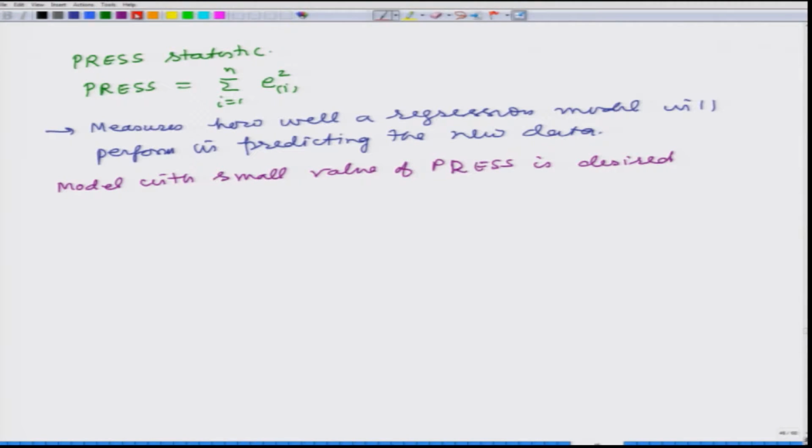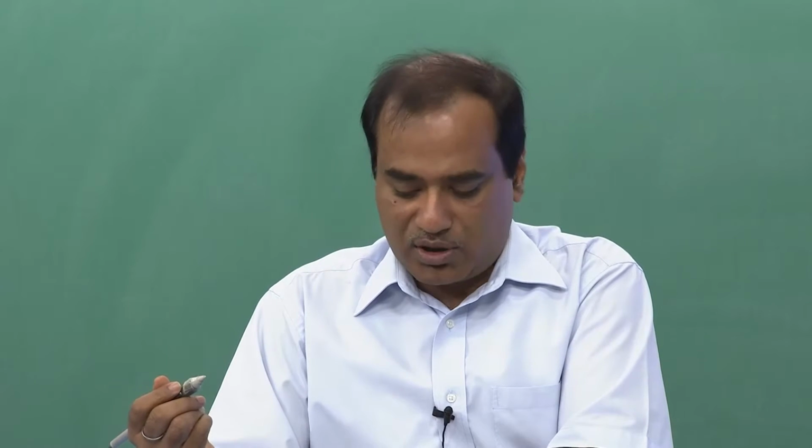Okay. Now, based on this PRESS statistic, we try to define a goodness of fit for the prediction, and we define here R square for prediction. You may recall that in multiple linear regression modeling, we have defined the coefficient of determination R square, and we had used it for judging the goodness of fit of a model.